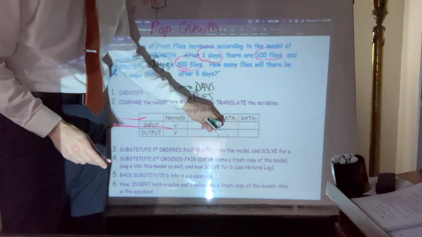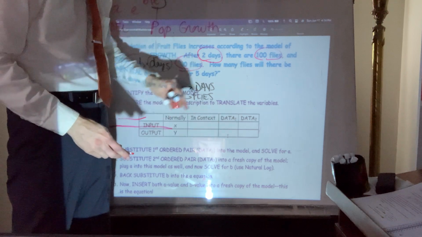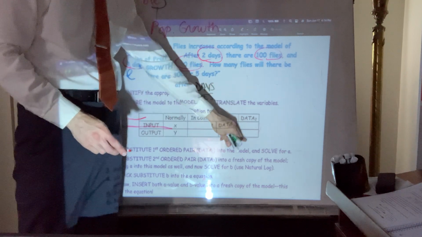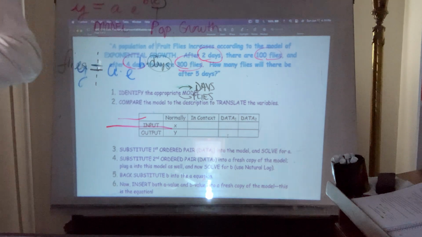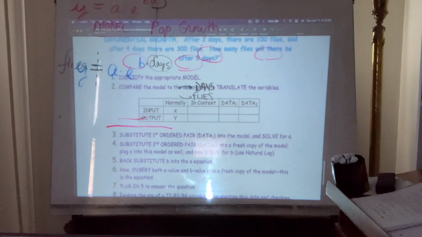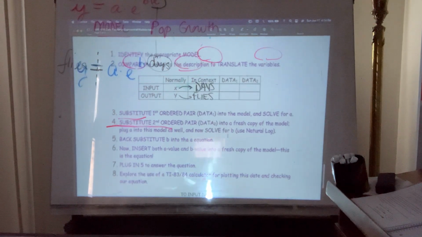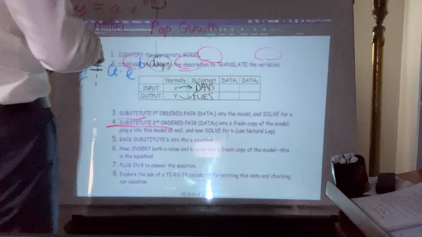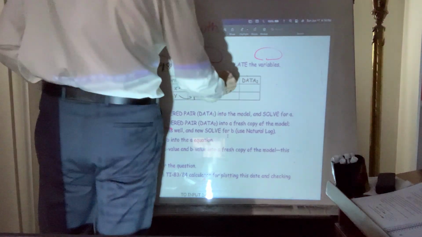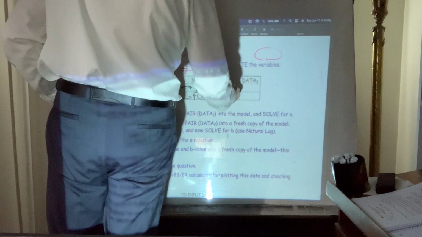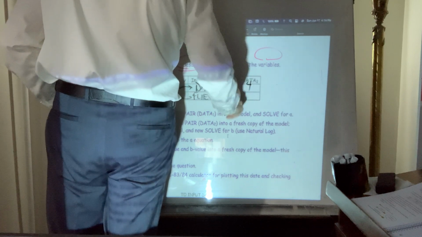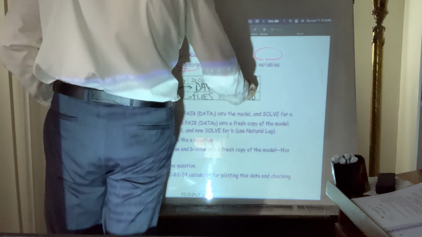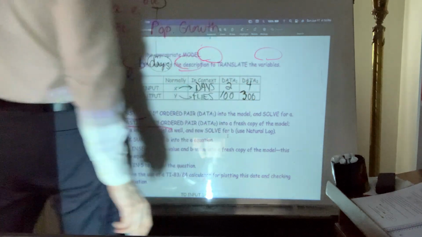So 2 and 100, 4 and 300 is what you would put here and here. For reference, on two days there are 100 flies. On 4 days, there are 300 flies. That would seem to be very nonlinear behavior.